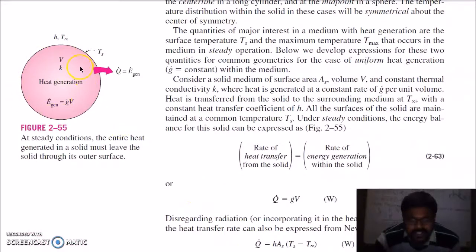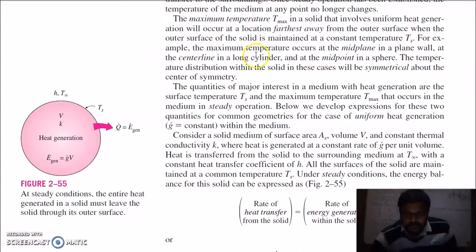So in this case, the rate of heat transfer from the solid is equal to the rate of energy generation within the solid during steady state conditions, and the maximum temperature within the sphere is at the farthest point from the surface. The maximum temperature occurs at the midpoint in a plane wall, at the center line in a long cylinder, and at the midpoint in the sphere, which is at the center of the sphere.